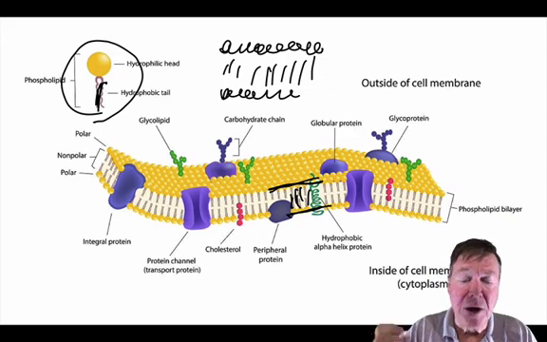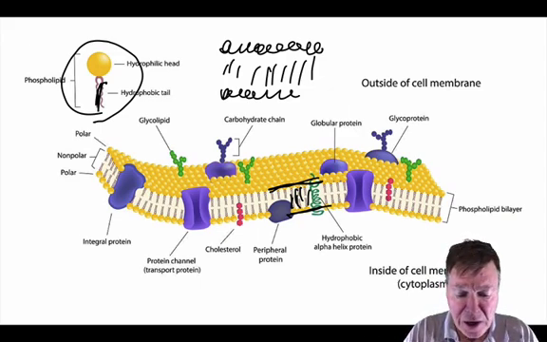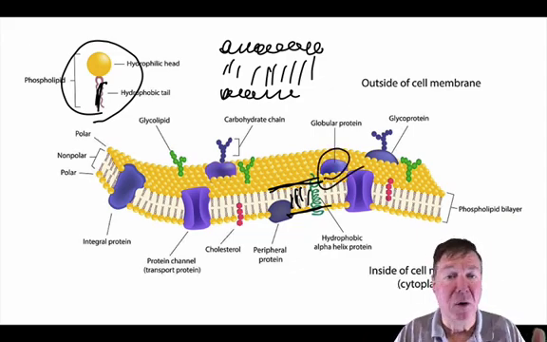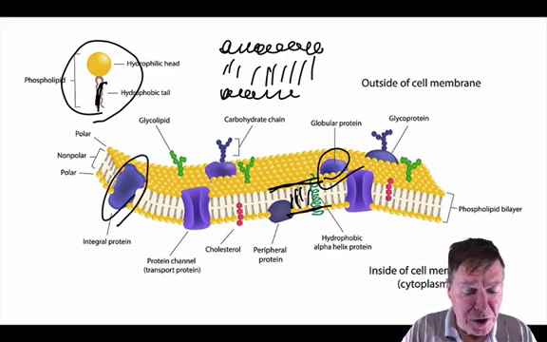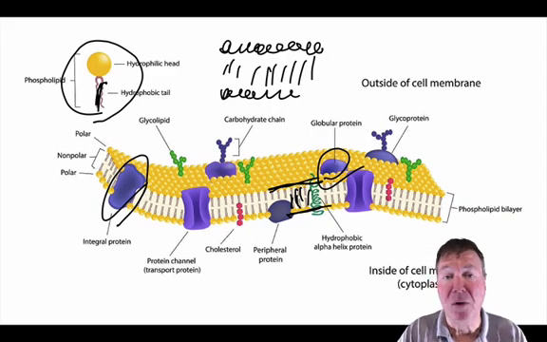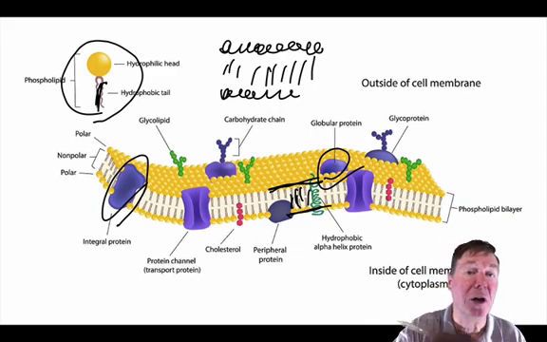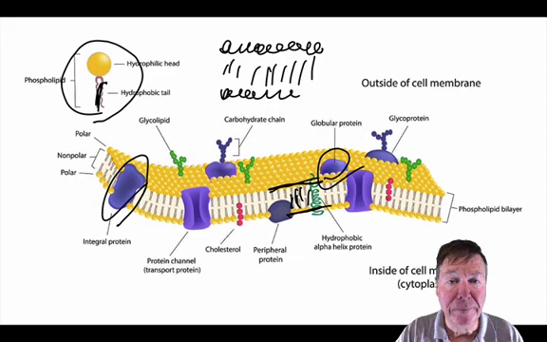Okay? We talked about marker proteins, and I'm not sure which of these would be marker proteins. Could be this one. I don't know. I don't care. But we talked about marker proteins, which are like the name badge. You can have receptor proteins, and I'm not sure if that's an integral protein, but I'm just giving you an example. It usually goes all the way through the membrane. All right?